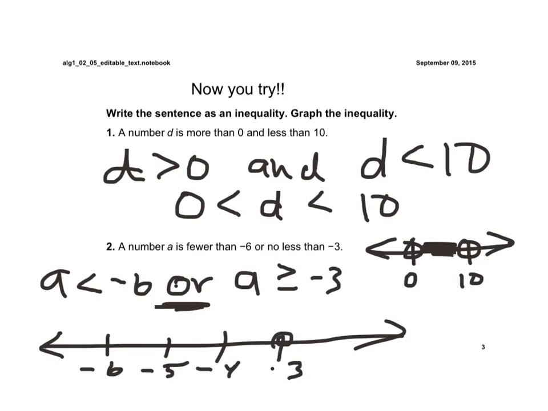It would be closed at negative 3 and shaded to the right because it's greater than or equal to, and open at negative 6 and then shaded to the left. And again, notice how when it's an OR, the two graphs are disconnected. We actually call the OR a disjunction.